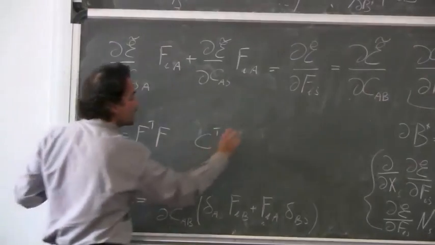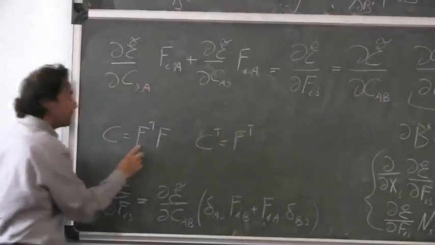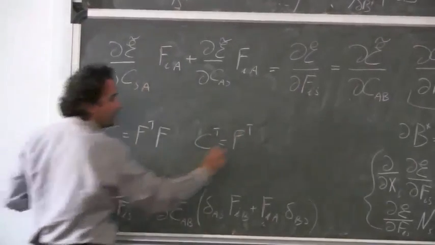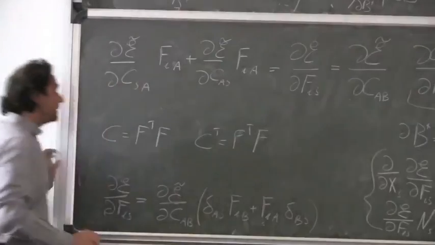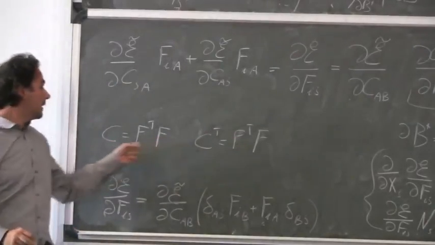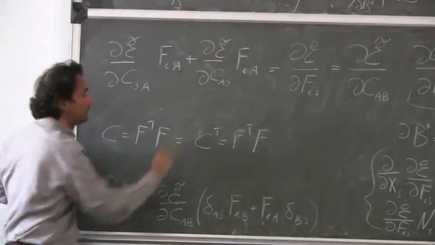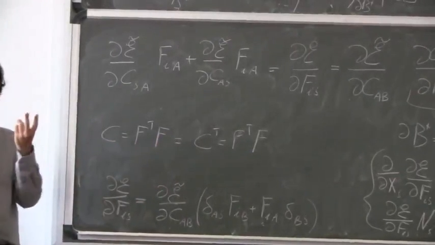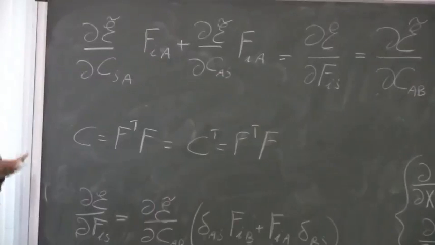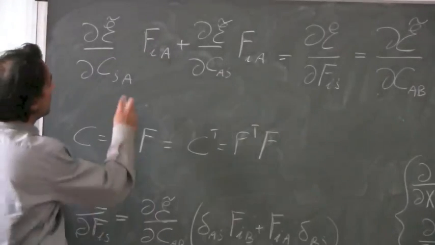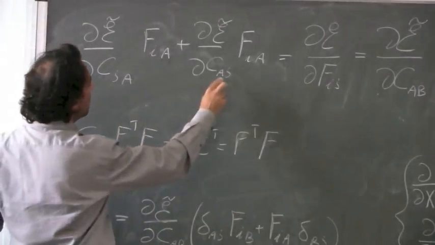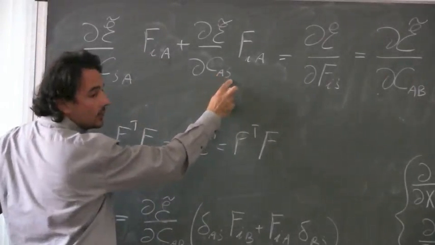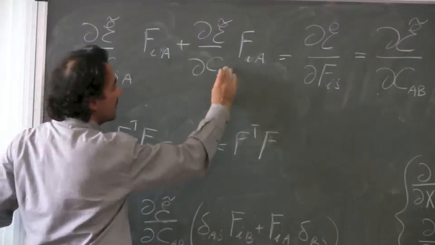The transpose of this is F transpose. The transpose of this is the transpose of the transpose of F, that is F. That means that C is symmetric. If C is symmetric, you can change the order of the indexes, and the result is the same. That means that here you can say that C_AJ is equal to C_JA.